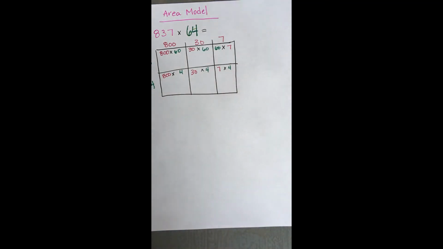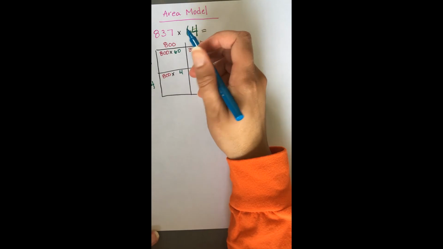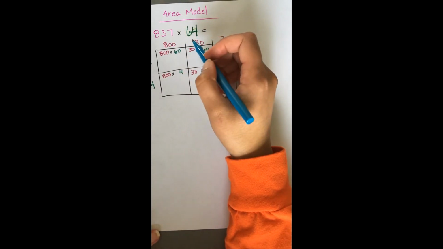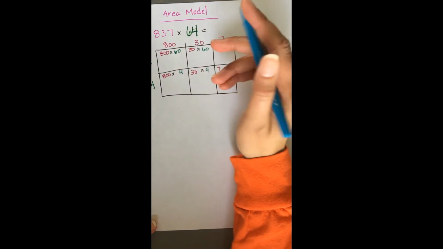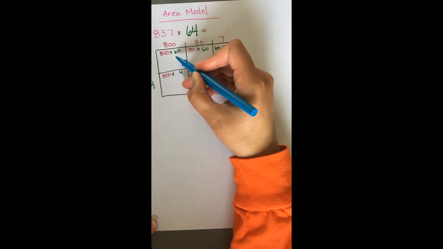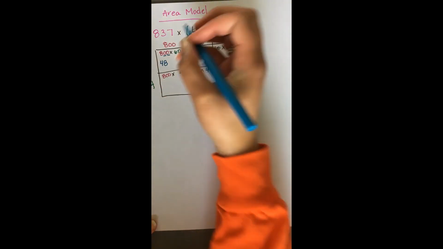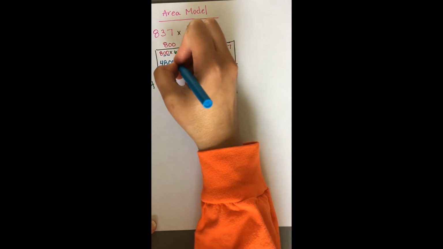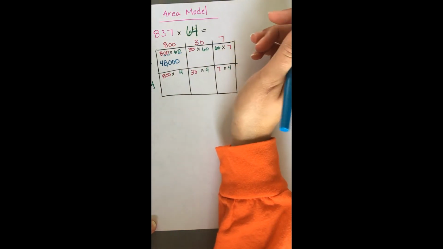Then we are going to find the product for these, which is the answer for these baby problems. So we look inside, and instead of freaking out and going, oh my gosh, we're going to multiply 800 times 60, we're going to take the zeros away because we know our multiplication facts. We're going to go 8 times 6, which is 48. And then we're going to put 3 zeros on it because we know that based on powers of 10 and multiplying by tens and hundreds of thousands.